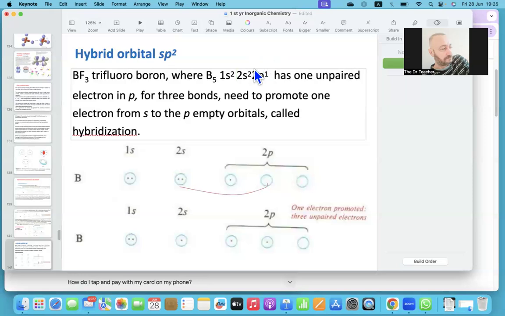These 3 electrons are separated in three orbitals. Now they are ready for bonding. As they are single, they are ready for bonding. So one electron is promoted, giving 3 unpaired electrons. When they are unpaired, they are ready to form bonds with 3 fluorine.